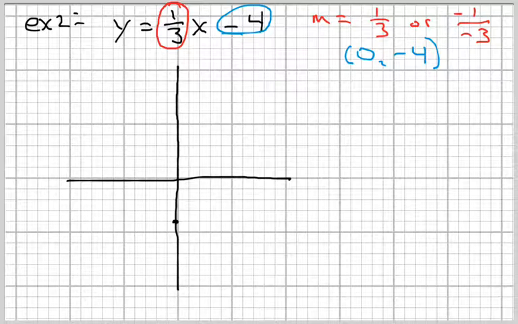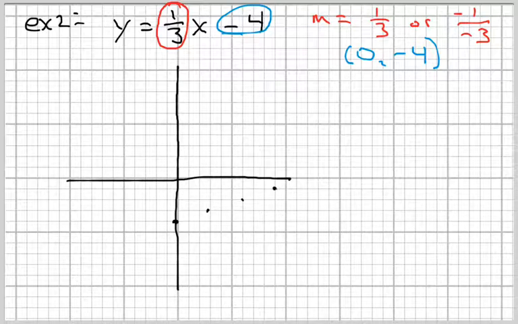So I have 1/3, so that means up 1 over 3. That would be right here. I can do that again to fill up my board. Up 1 over 3 would be right here. I can do that again, which would be this guy right here.